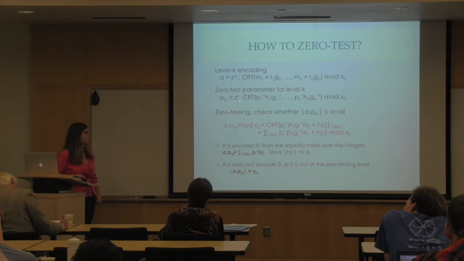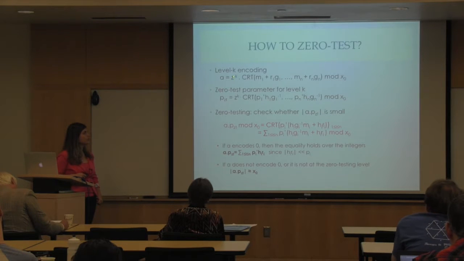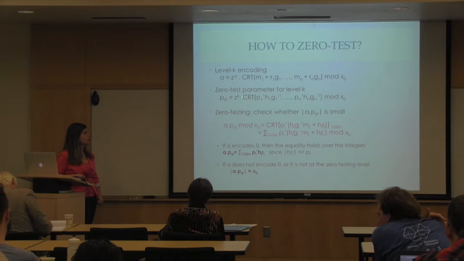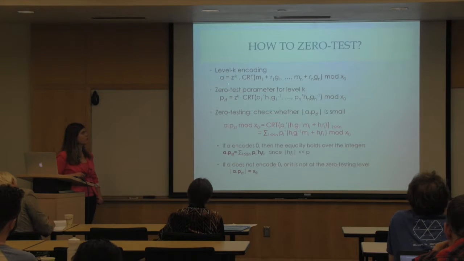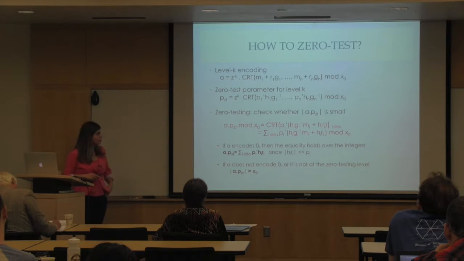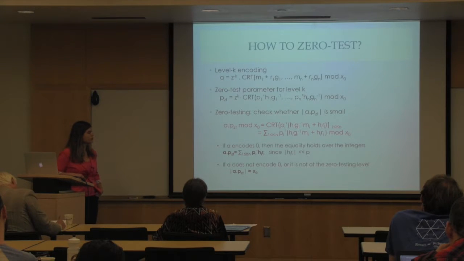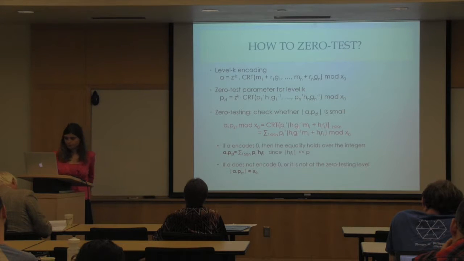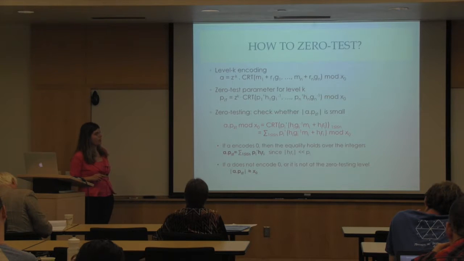So if we're trying to test an encoding that has any level different from k, then this z to the power of k will not cancel out the component coming from the encoding. And again, the result will be something large. So with this zero test component, we have the property that this value is small only if we are testing an encoding at the zero testing level k, and this encoding is an encoding of 0. Okay, so this is basically the description of the multilinear map scheme of CLT13.